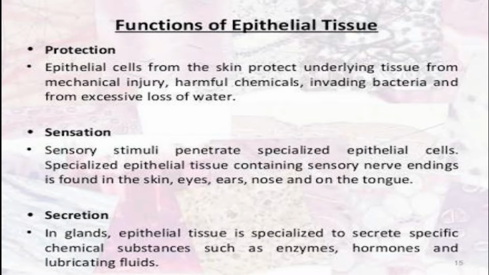The third function of epithelial tissue is the secretion of hormones into the blood vascular system and the secretion of sweat, mucus, enzymes, etc. and other products that are delivered by ducts. The fourth function of the epithelial tissue is to provide sensation. These are all the main functions of epithelial tissue.